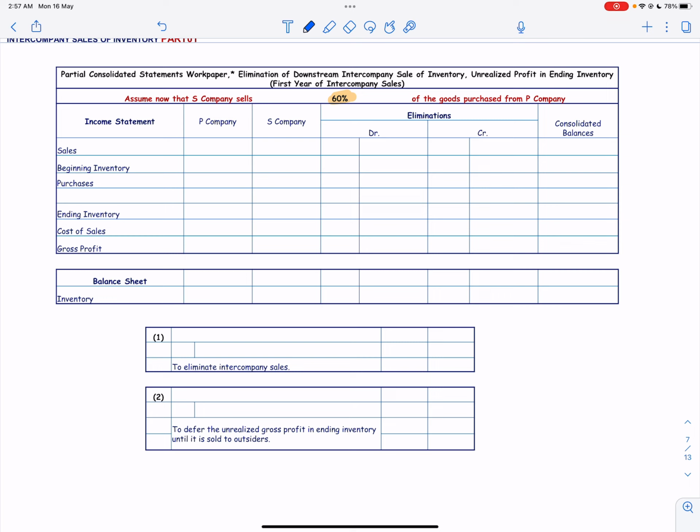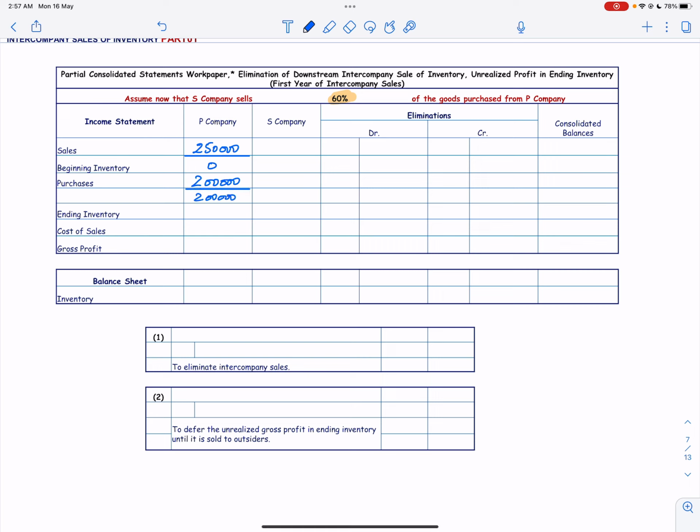The sales of P company was 250,000. The beginning inventory was 0. Purchases were 200,000, so the cost of goods available for sales is 200,000.